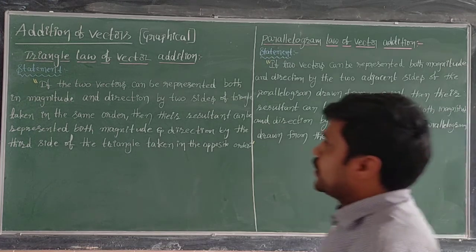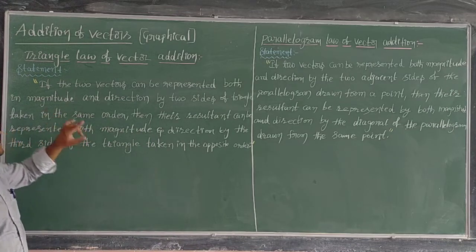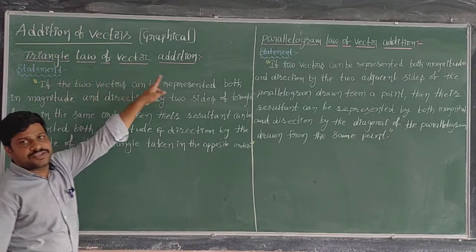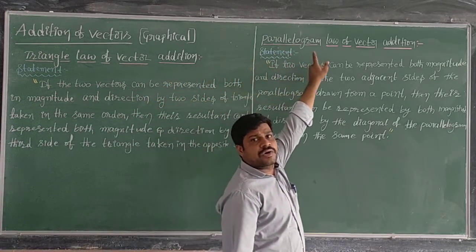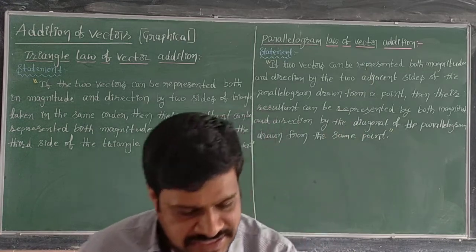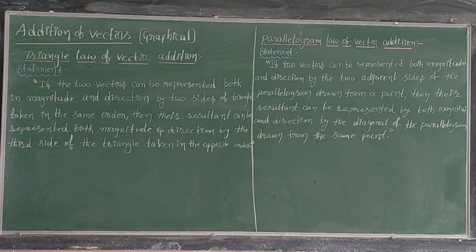Right. To add any two vectors, there are two laws: the triangle law of vector addition and the parallelogram law of vector addition. In every law, just see how the statement has been given.